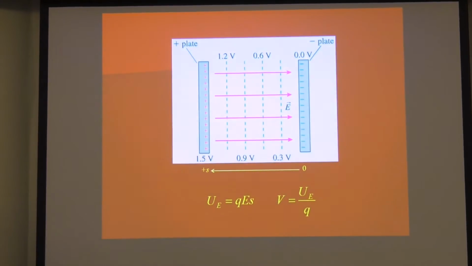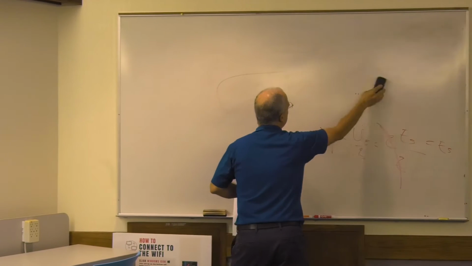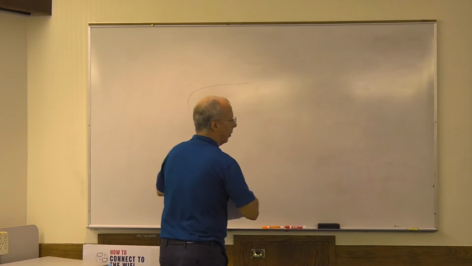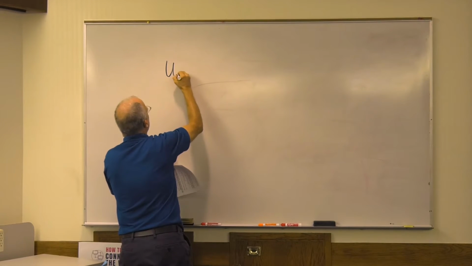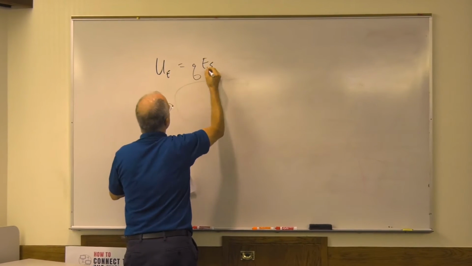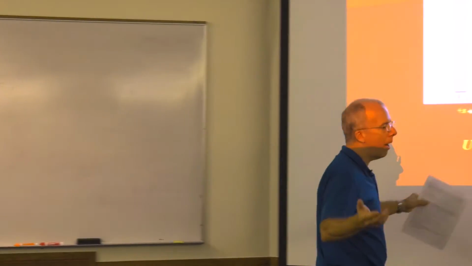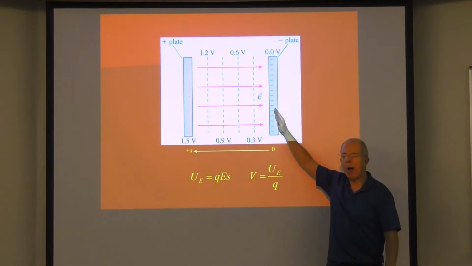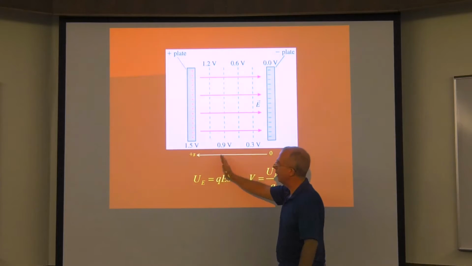So let's say that we have a positive charge inside the capacitor. UE equals QES. So where does a positive charge want to be? Here. So that would be a small amount of potential energy. Where does a positive charge not want to be? Here.